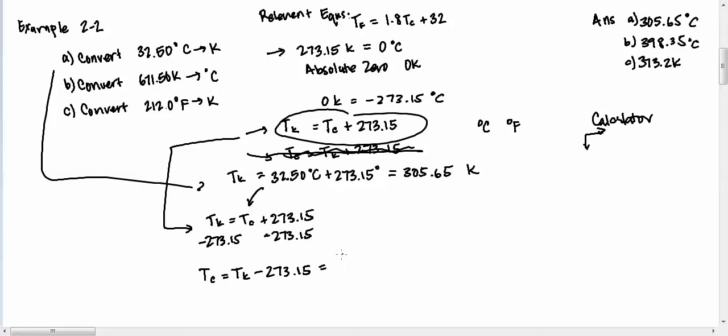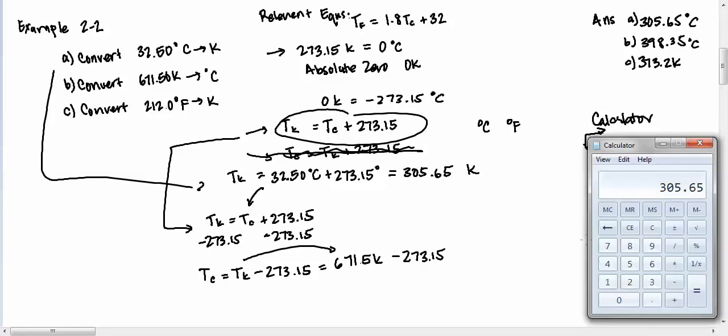If I plug in my numbers, they said it was 671.5 Kelvin for my temperature in Kelvin. And I'm going to take off from that 273.15, pull up the calculator again. So that's 671.5 minus 273.15.